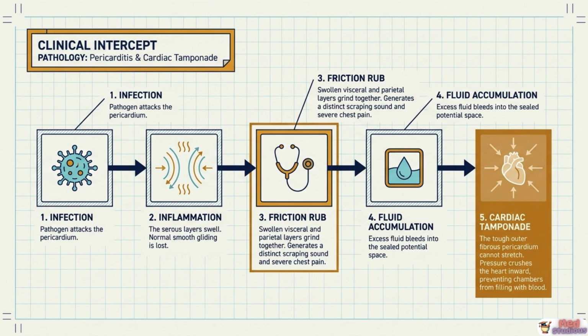The swollen visceral and parietal layers grind together, generating a distinct scraping sound and severe chest pain. Fourth, excess fluid bleeds into the sealed potential space. Finally, cardiac tamponade happens. Because the tough outer fibrous pericardium cannot stretch, the fluid pressure crushes the heart inward, preventing the chambers from filling with blood.